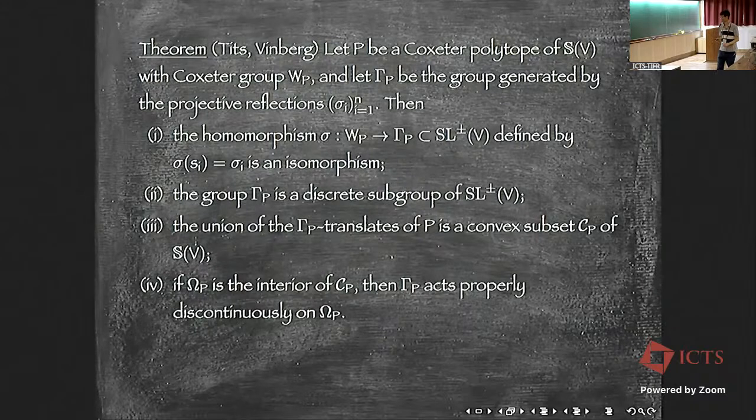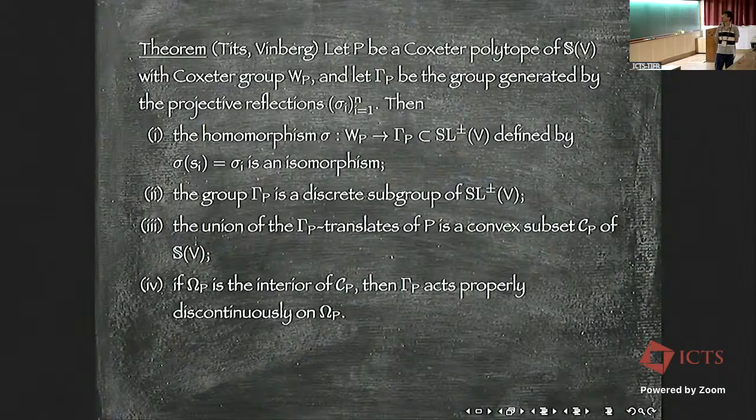Then there is one of the key theorems, by Tits in the simplex case, and in general by Vinberg. This is crucial in my lectures. So P is a Coxeter polytope with Coxeter group WP, as I already mentioned.